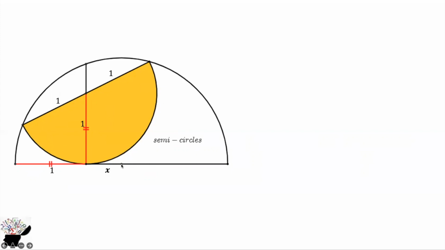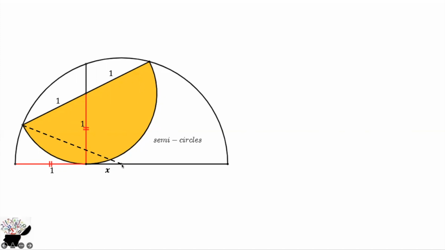So from this side to the end of this side, you are going to get the radius of the bigger semicircle. So the radius of the bigger semicircle is 1 plus x. The same way, when we draw a line here, we are going to get 1 plus x. And this is a chord, right?